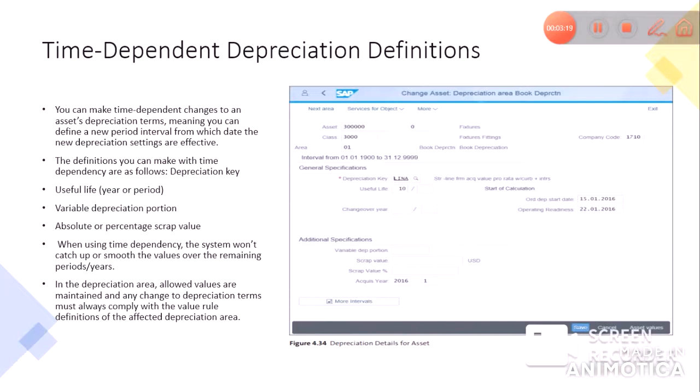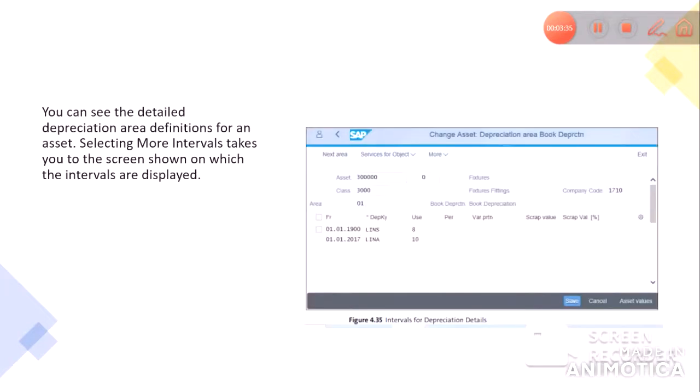In the depreciation area, allowed values are maintained, and any change to depreciation terms must always comply with the value rule definitions of the affected depreciation area. You can see the detailed depreciation area definitions for an asset.